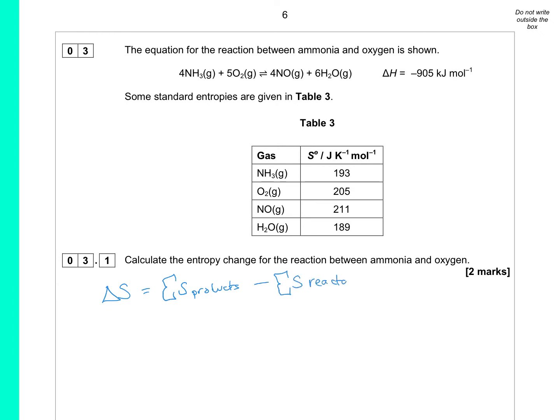So if we tot up, we've got 4 lots of nitrogen monoxide and 6 lots of water. So that's going to be 4 times 211 plus 6 times 189. And that's going to be our sum of the entropy of the products. Take away 4 lots of ammonia, so 4 lots of 193, and 5 lots of oxygen, 5 times 205.